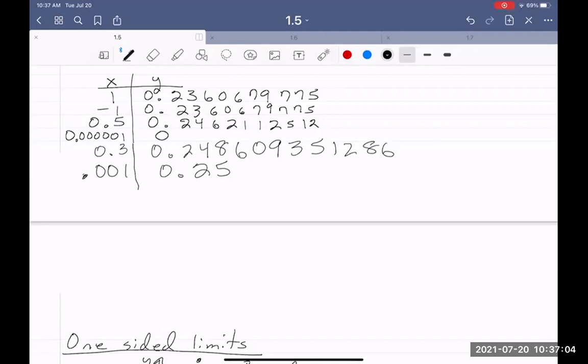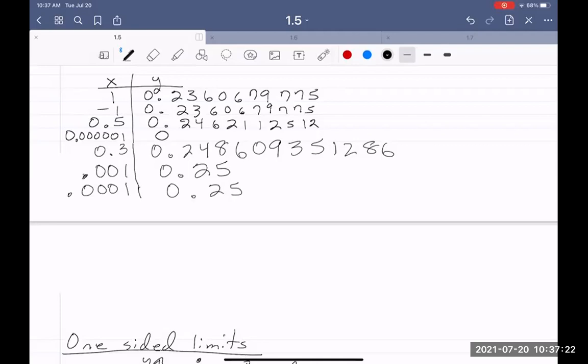Exactly. If I plug in 0.0001, because I led you guys astray, it's 0.25.